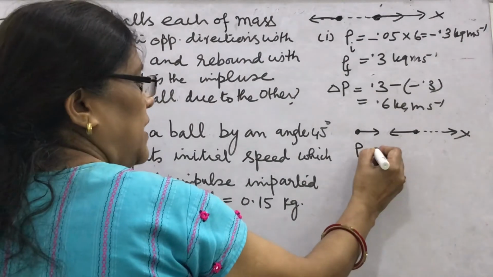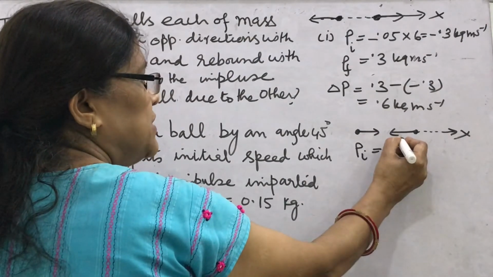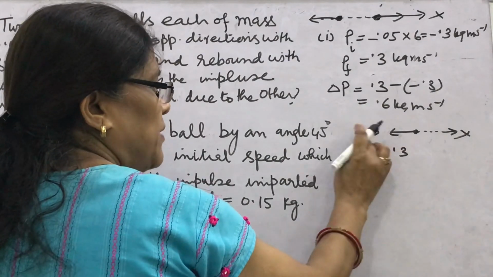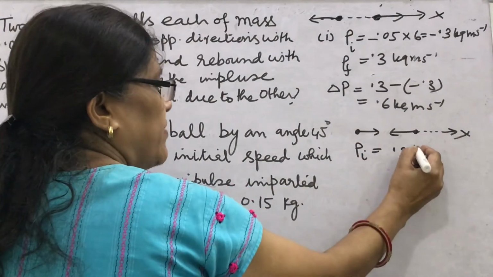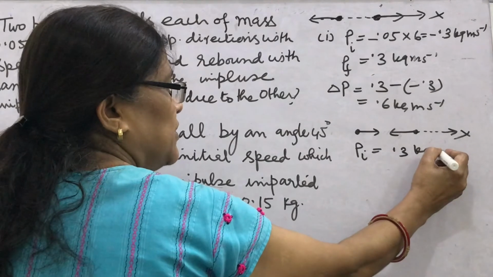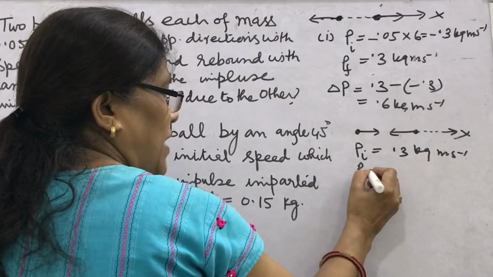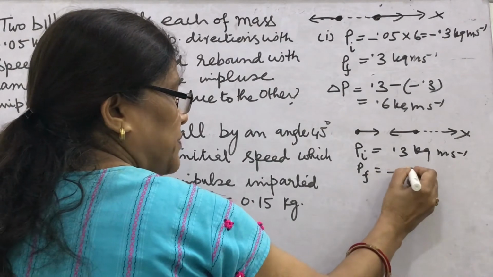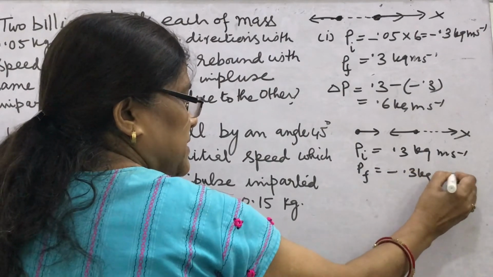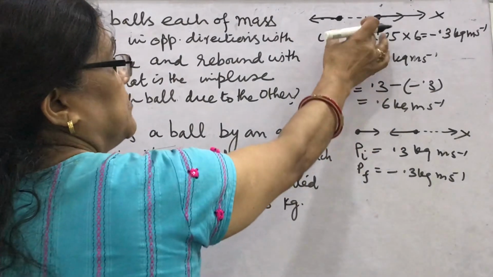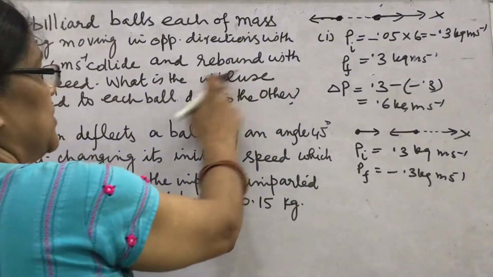Again Pi. Now Pi will be positive because this is the positive x direction. So what will be the same mass into velocity? We have calculated 0.3 kg meter per second, and here this will be Pf, that will be minus 0.3 kg meter per second. So it depends on what way you have chosen for the motion of the balls.